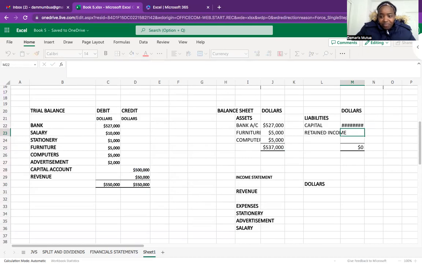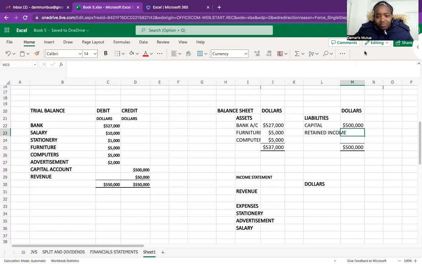And I have my revenue. So that gives me retained earnings, retained income, sorry. My retained income is going to be coming from my income statement.